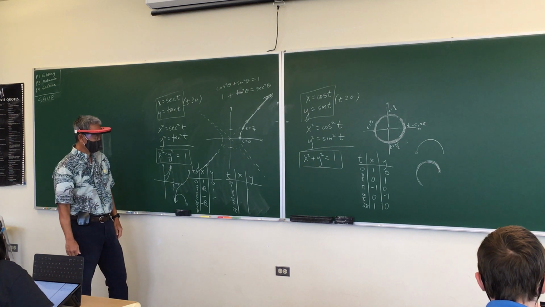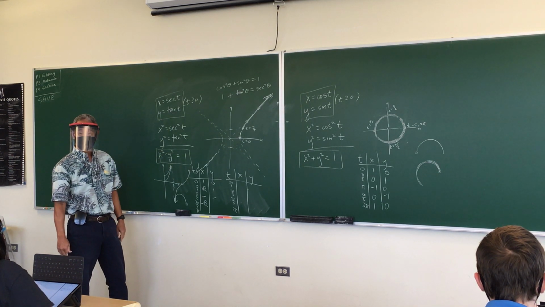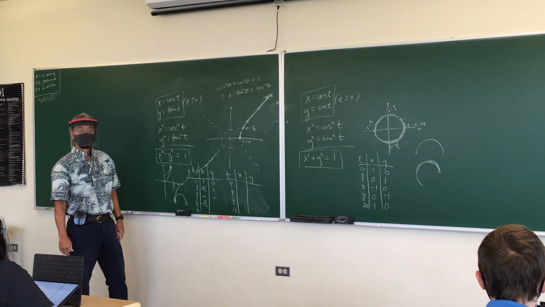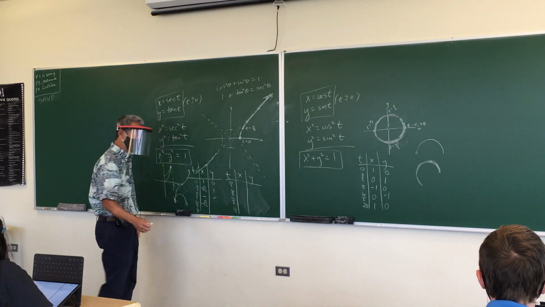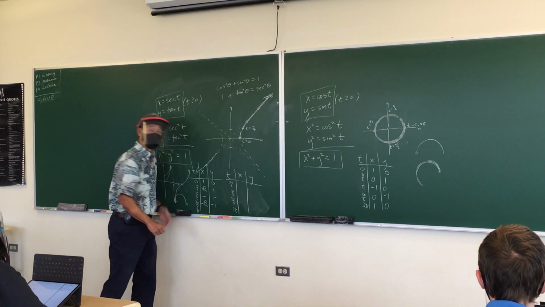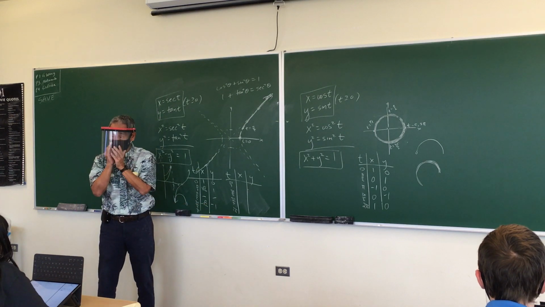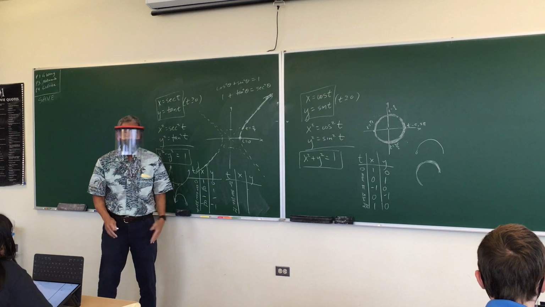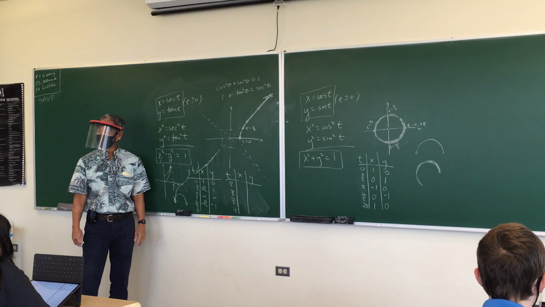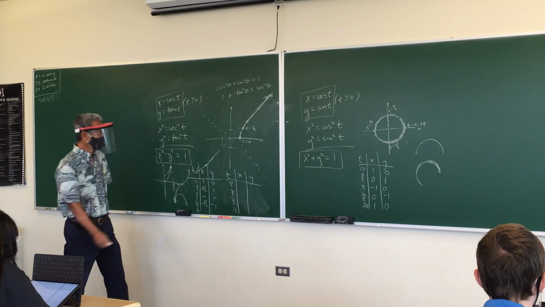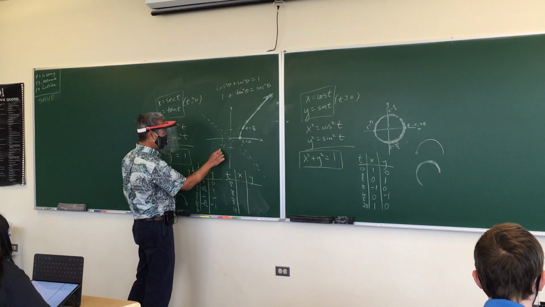And then tangent 3 pi over 4. Close. Negative 1. Am I going to be there with you taking the test? No, you're close. No, these are trig values. You're telling me the hardest part of this problem is figuring out trig values? Oh boy. So at 3 pi over 4, the particle is here.